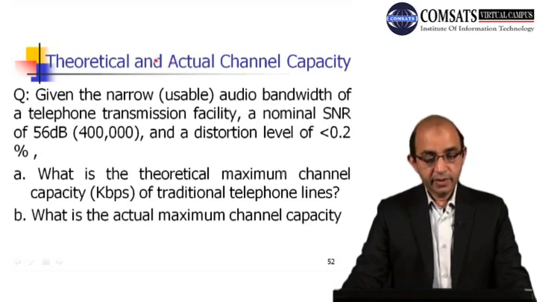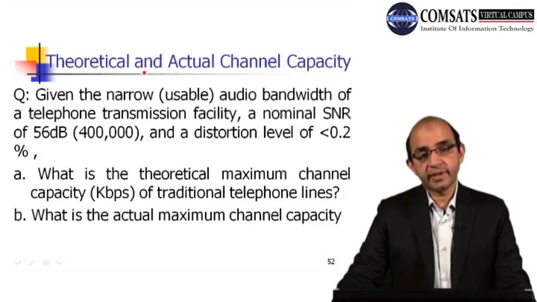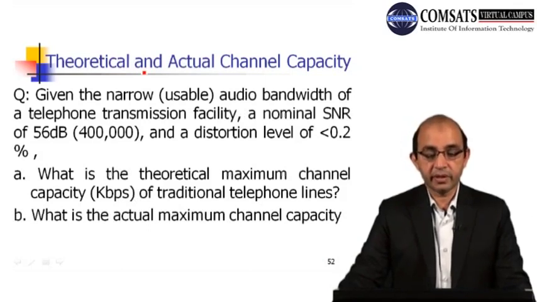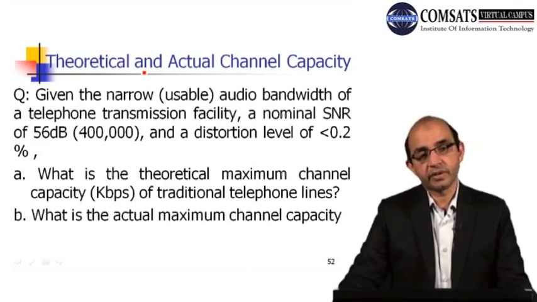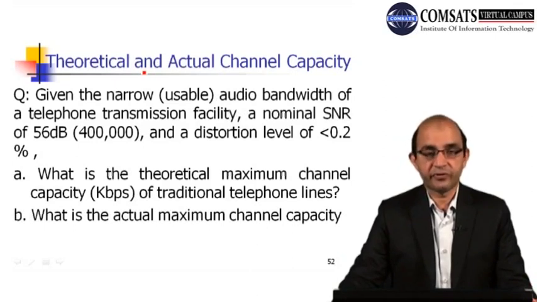So here we have to discuss the theoretical and the actual channel capacity, right? The reason for this is that in the first case, when we talk about the Nyquist criterion, the channel is considered an ideal channel, that is noise free, which is not the case whenever we talk about a practical channel like fiber optics, copper cable or coaxial cable, or in the case of wireless we have free space.